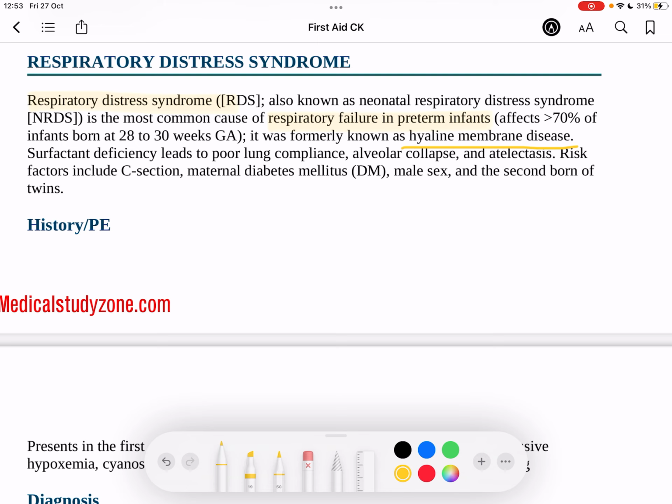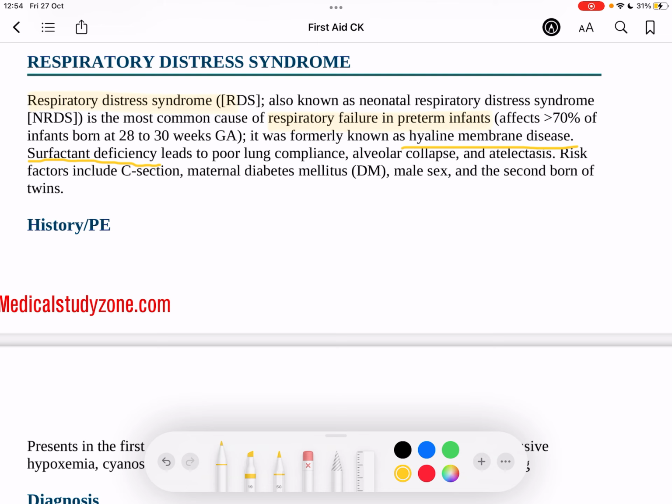Essentially, it's due to a relative surfactant deficiency, okay? Because surfactant is mainly composed of components like lecithin and sphingomyelin. And unfortunately, before the age of 30, 32, 34 weeks, the composition of sphingomyelin to lecithin is not correct.